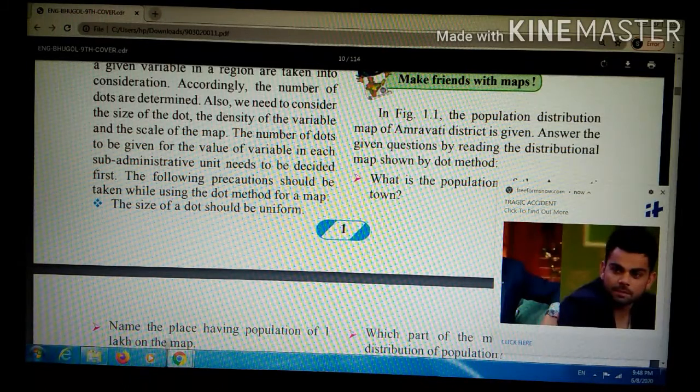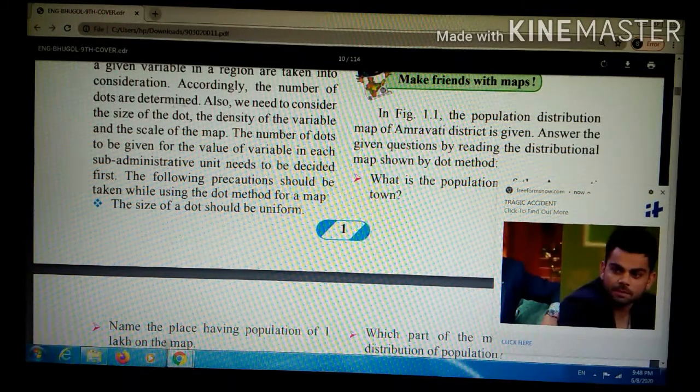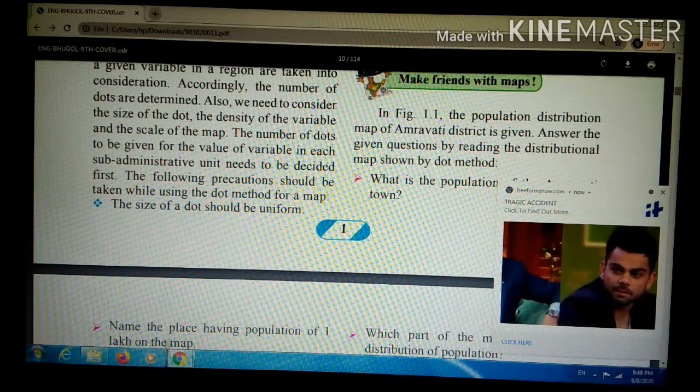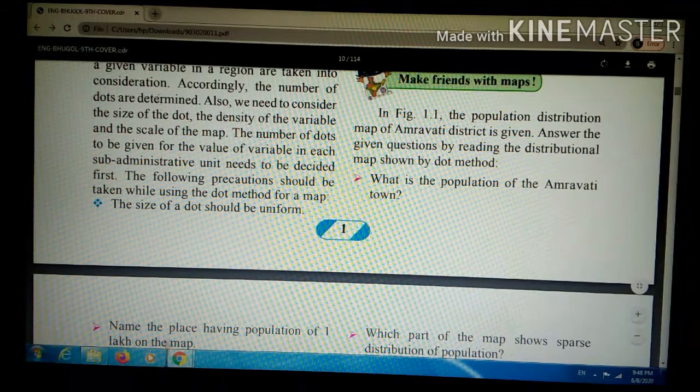Accordingly, the number of dots is determined. Also, we need to consider the size of the dot, the density of the variable, and the scale of the map.